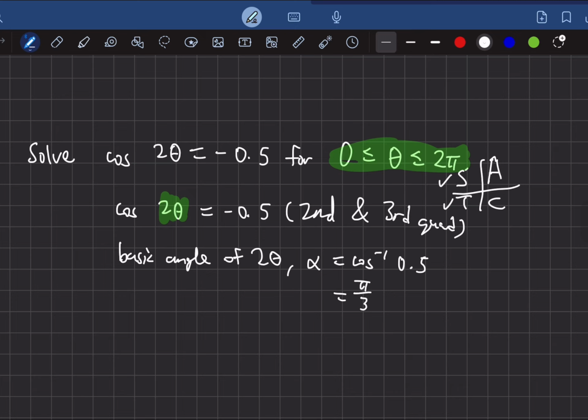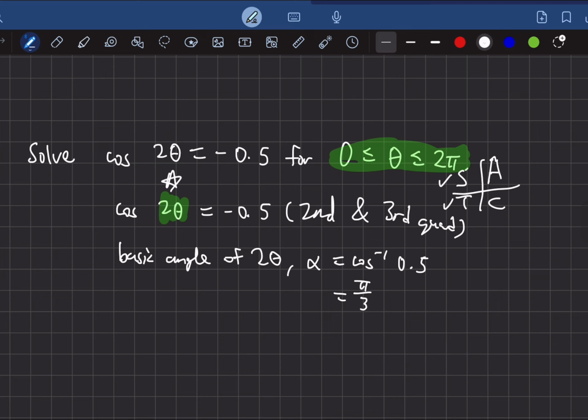So take note, how come I write pi over 3, how come I don't write decimal, is because last chapter we learned about the three special angles, 30, 45, and 60. So we are making use of that, because we try our best not to work with decimal. So with this, now comes the crucial thing, which is this angle that hypo is rotated.